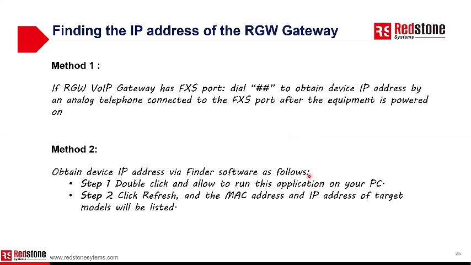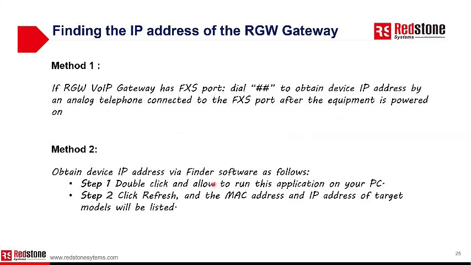How do you find the IP address of the RGW gateway? There are two methods. First, you can use the FXS port with an analog phone and simply dial hash hash to obtain the device IP address. Or you can use the Finder software.